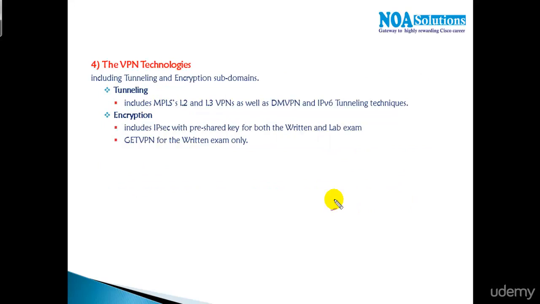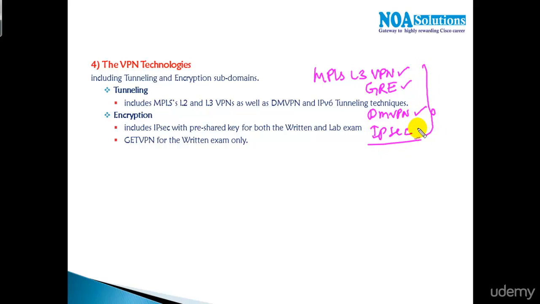In the VPN section, if you compare with the old version 3, you still have MPLS L3 VPNs, but apart from that you will be tested on GRE VPNs, and we'll be implementing some DMVPN topics here, and then IPsec site-to-site VPNs. Not complete IPsec VPNs of all types. We'll be getting into IPsec VPNs using a pre-shared key.